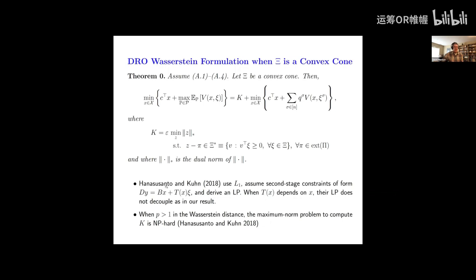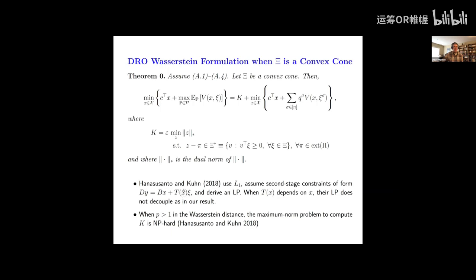So Daniel Kuhn and Grani have a similar result where instead of just C, the demand sitting on the right hand side, there's a term that involves X there. And under the one norm, they come up with a linear program to solve this. And it's important to note that in this case, it doesn't decouple like I've shown here.